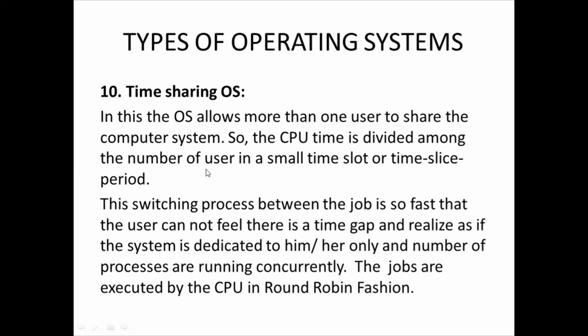As the time is being divided between the number of users, that will not be known to the users, because that process is very fast. Actually the time gap is there, but the user will not feel it, because the process is done in a very fast manner.